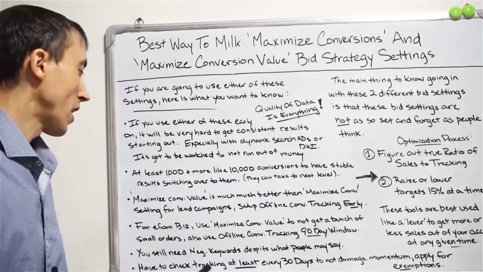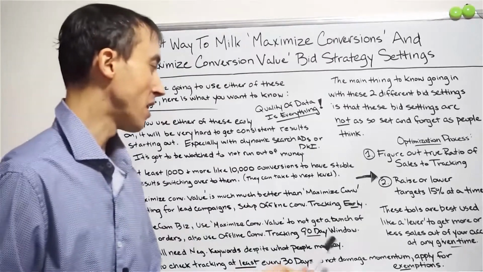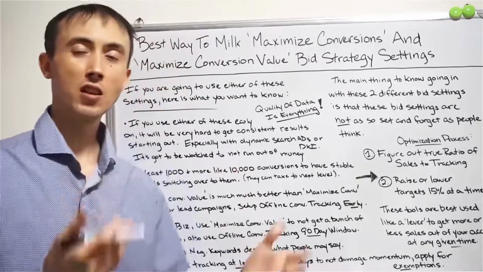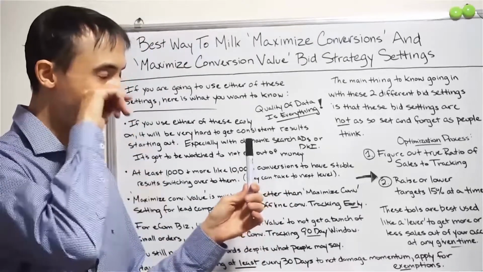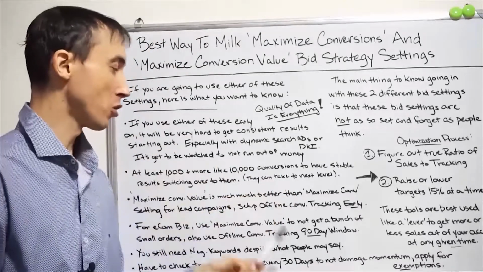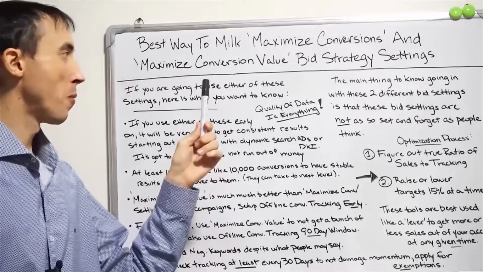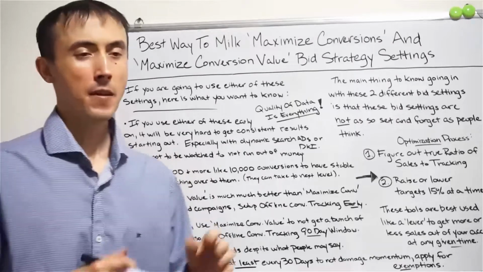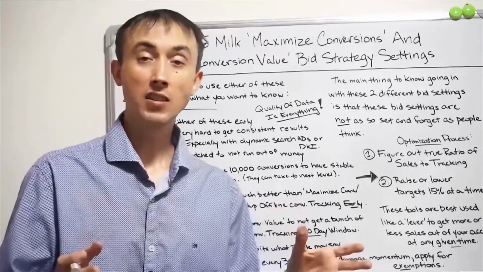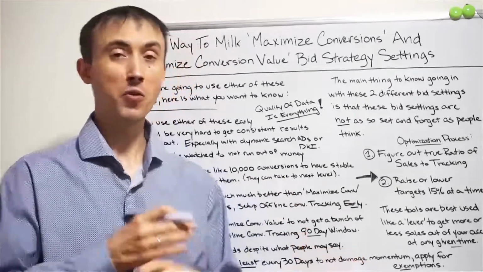You also have to check your tracking at least every 30 days to not damage your momentum. As you get going, the biggest problem I see people do is they'll try to use these bid strategy settings, maximize conversions, maximize conversion value, and their tracking is not set up right from the beginning, so it failed from the get-go.